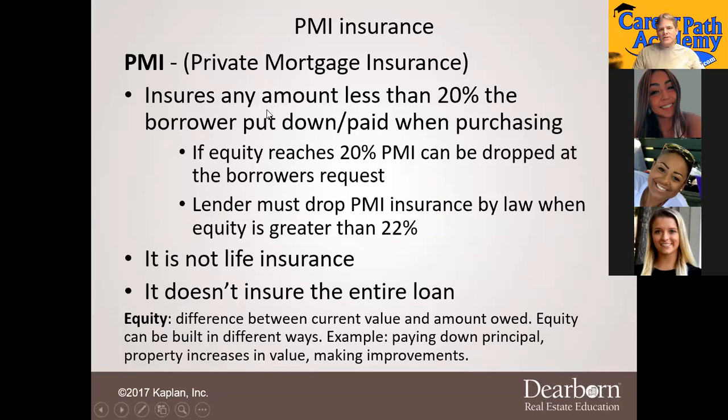So this slide tells you all about PMI insurance. It insures the amount less than 20% the borrower put down when purchasing. If the equity reaches 20%, PMI can be dropped at the borrower's request, and the lender must drop it when the equity is 22%. What is PMI insuring if the equity is 22%?